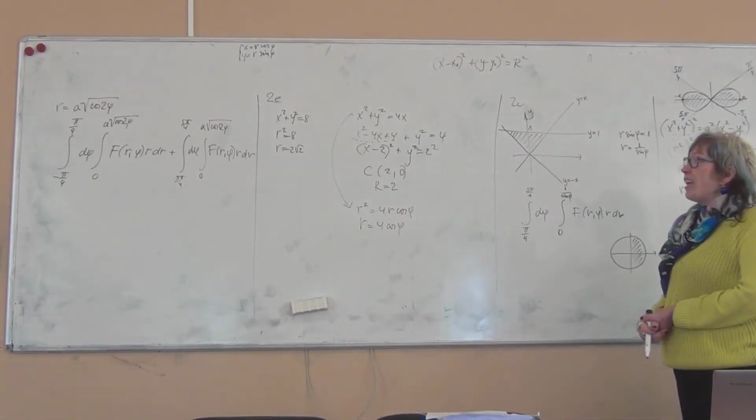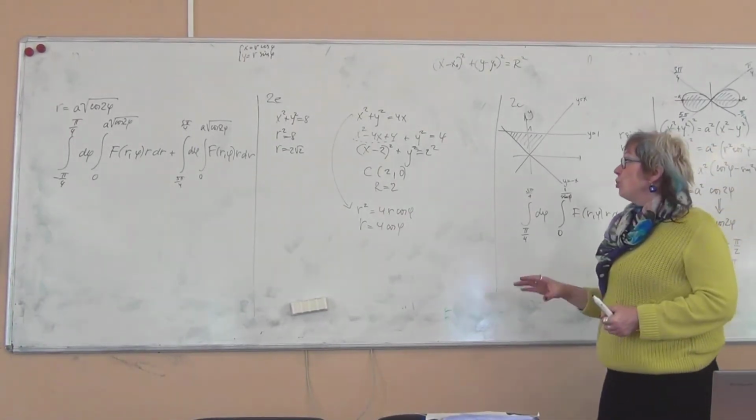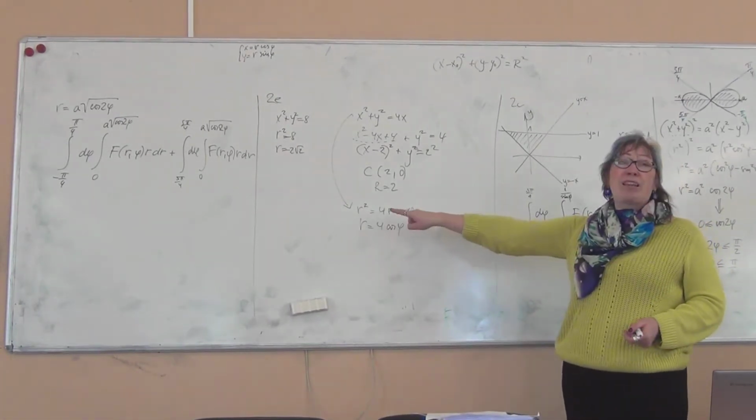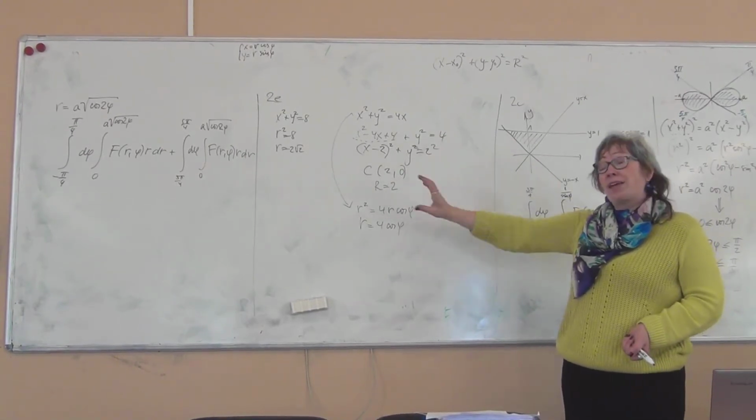So whenever you see a circle in Cartesian coordinates, you should remember that it will transform into something like this, or some number times sine phi if the center is on the y-axis.